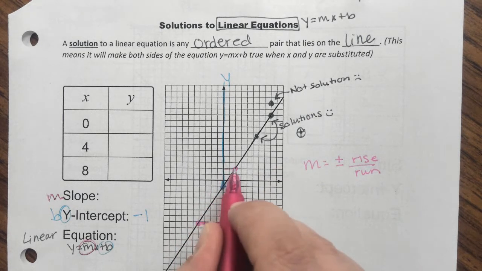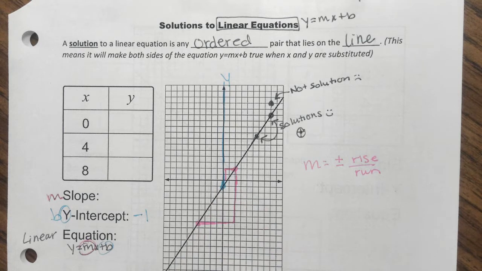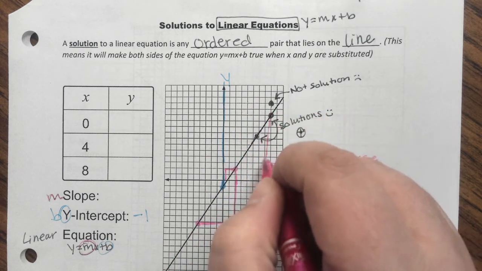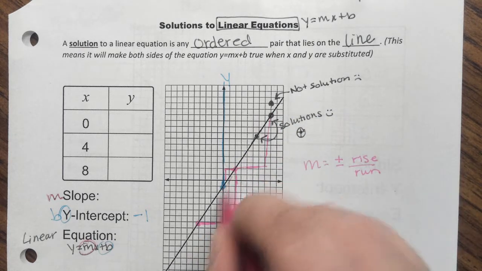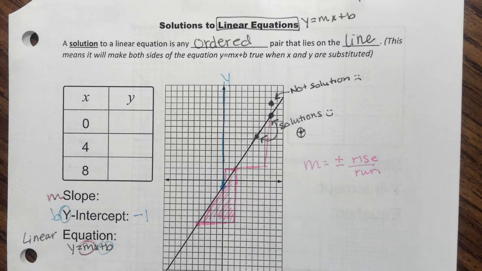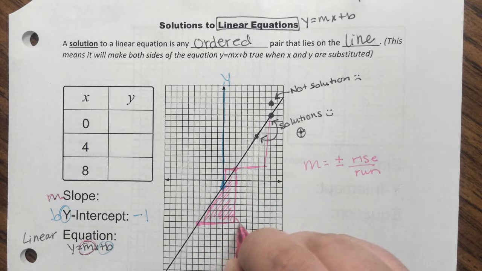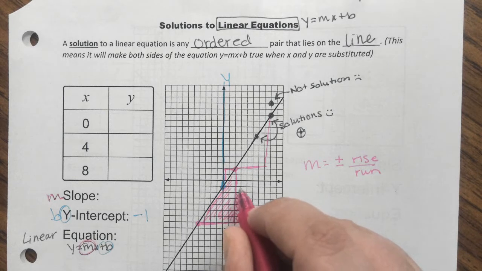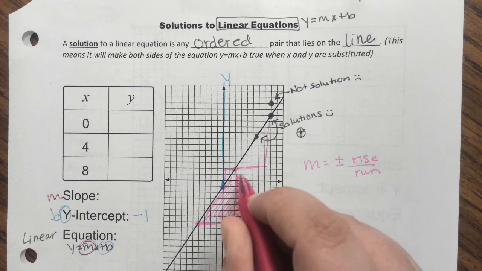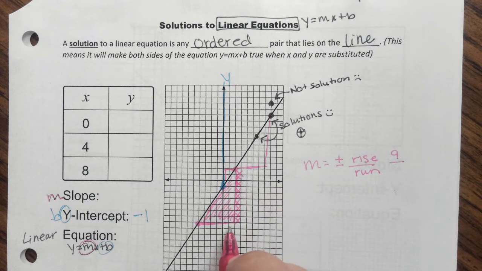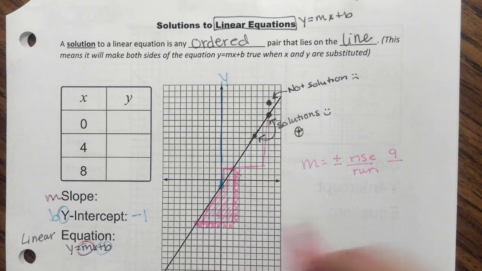That would be the same slope as if we had used those 2 ordered pairs, which is the same slope as if you used these 2 ordered pairs. I'm going to use those 2, so I'm using this triangle. The rise goes up and down, so that's 1, 2, 3, 4, 5, 6, 7, 8, 9. The rise is 9. The run is 1, 2, 3, 4, 5, 6.